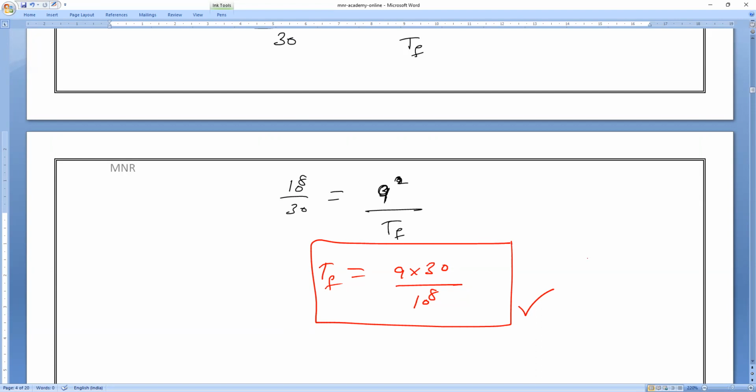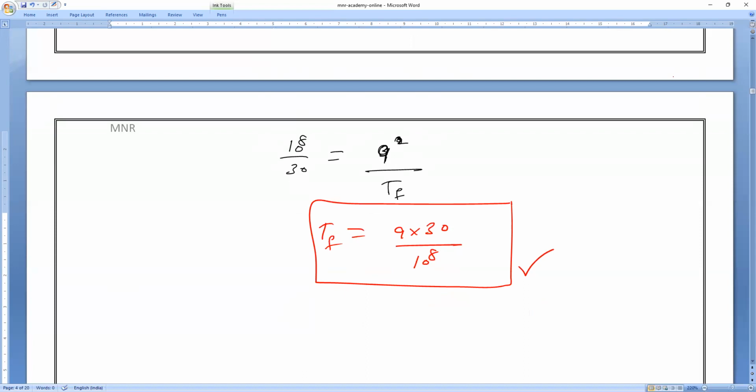So you can calculate it and tell me the value also. Are you clear, everybody? Are you understanding? Yes, sir. Okay, let's solve it, everybody. Complete it, make it fast.